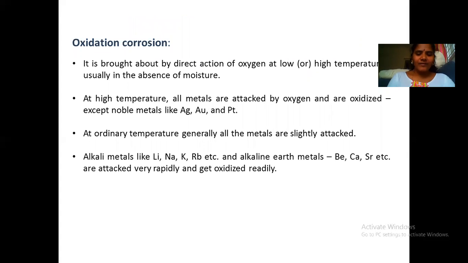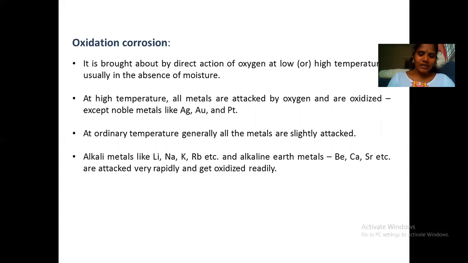As we have seen, dry corrosion is classified into three categories. One of them is oxidation corrosion. In oxidation corrosion, the metal is exposed to an environment where oxygen is available and the oxygen affinity towards that metal is high. So obviously that will undergo corrosion. There is a direct contact between oxygen and the metal surface.